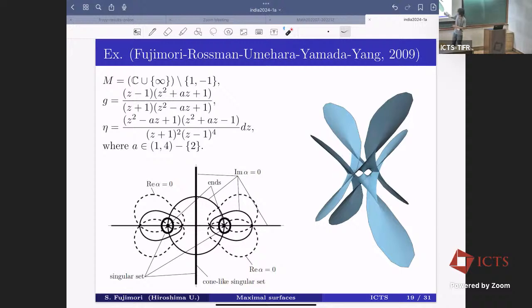So this point is a cone-like singularity. And then in each upper half we have again cuspidal edges and 4 swallowtails and 4 cuspidal cross caps. And the bottom half again we have cuspidal edges and 4 swallowtails and 4 cuspidal cross caps.